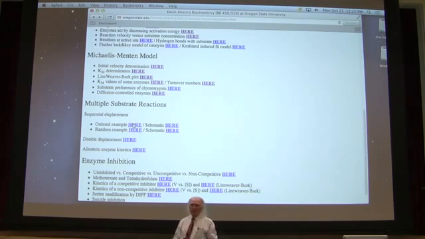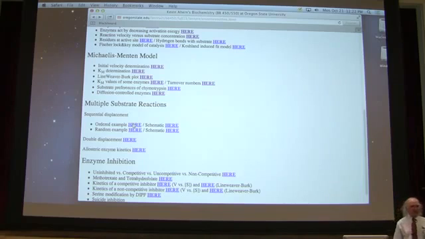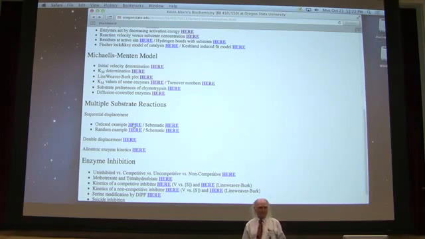Now, that enzyme that binds those two things, we could say, well, does it bind them in a specific order? That is, does it bind the ATP first and then the glucose? Does it bind the glucose first and then the ATP? Or does it not matter? Those are our possibilities, right?